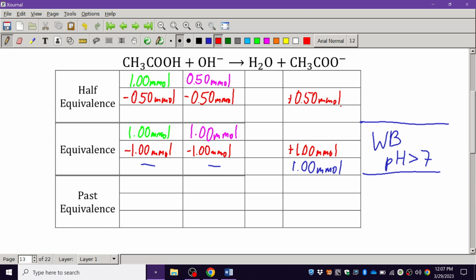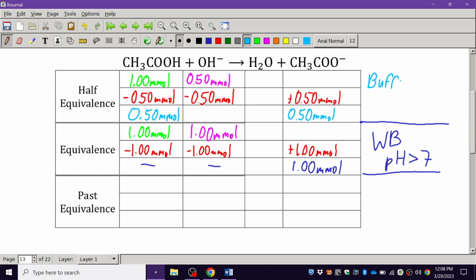All right, so what kind of solution do we have here? Now we have a solution that contains, let's use a different color, half a millimole of conjugate acid and half a millimole of conjugate base. What kind of solution is that? Yeah, it's a buffer. All right.